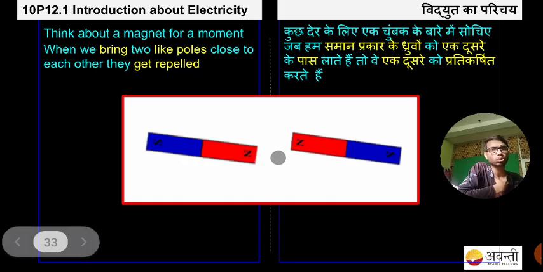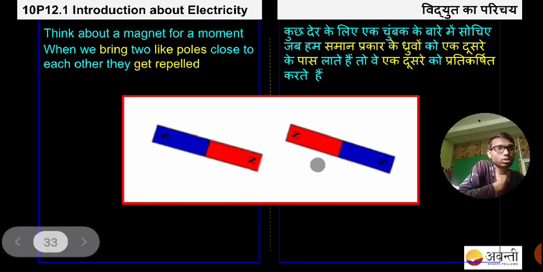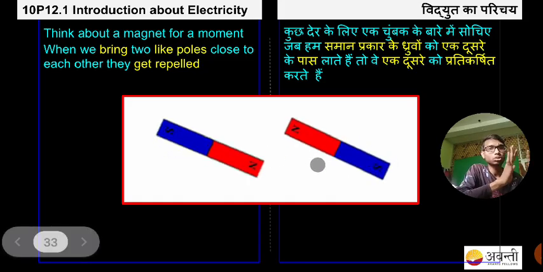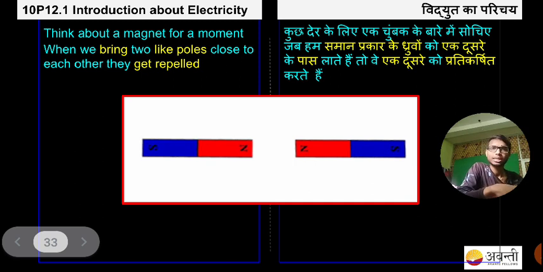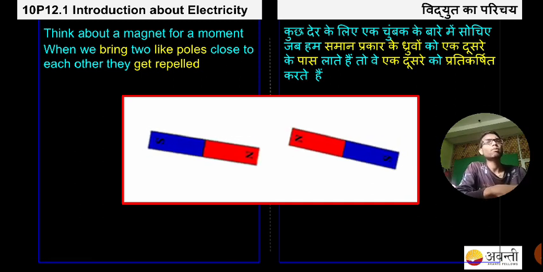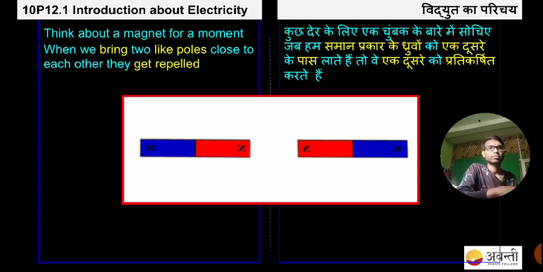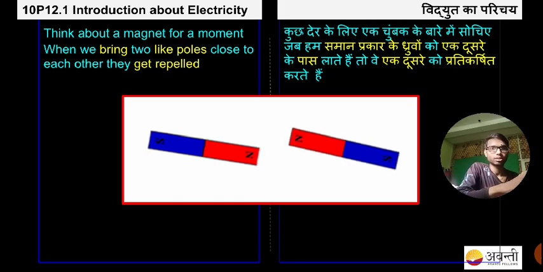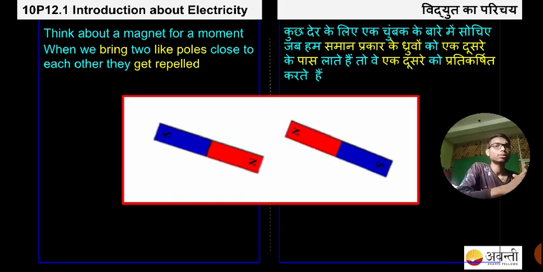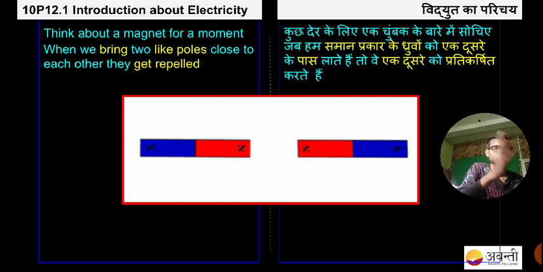They will not attract. Both will repel each other because the signs are the same. The meaning of this is the same with charges. If charges are the same in front of each other, then both will repel each other.